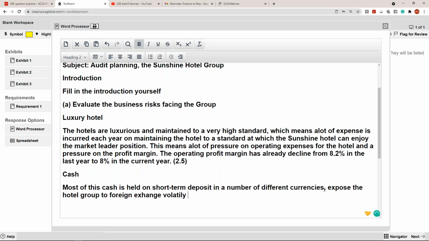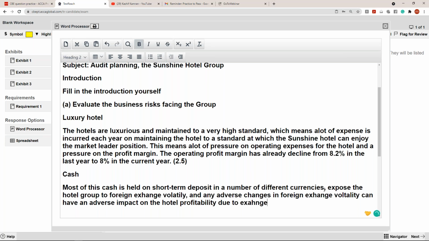Most of the cash is held on a short-term deposit in a number of different currencies. This exposes the hotel group to foreign exchange volatility, and any adverse changes in the foreign exchange rates can have an adverse impact on the hotel's profitability due to exchange losses.